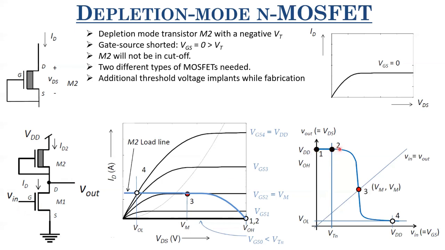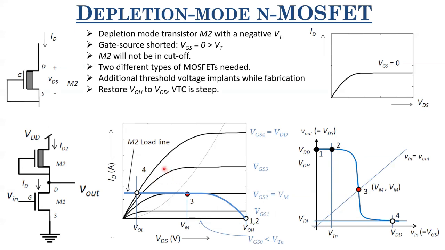And then you have an ultra steep slope close to this VM just because of this convex load line of the depletion mode MOSFET. And what about the VOL? VOL here, although it's not zero, is smaller as compared to the concave type, because in the concave type you had characteristics like this, and your VOL was larger.